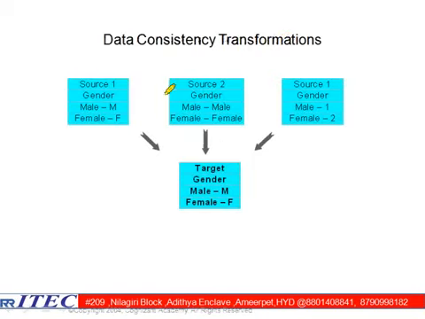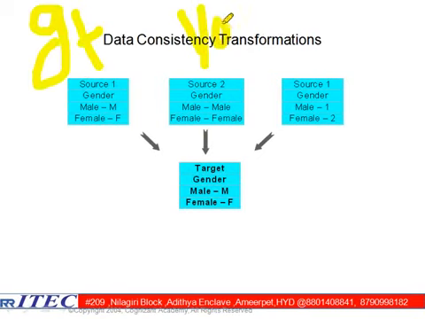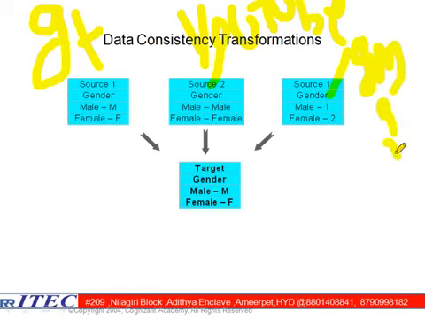Next one, data consistency. Suppose this data is coming from one application called Google Plus, this data from another application called YouTube, and this data from another application, let us say Gmail. At the end of the day, all of this is Google data, yes or no, sir?